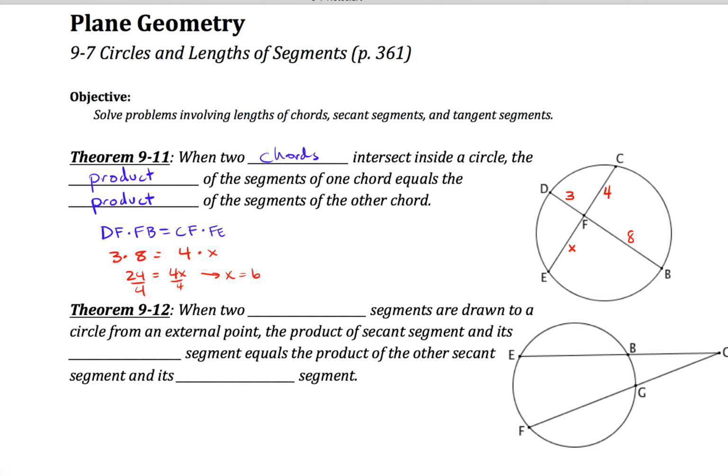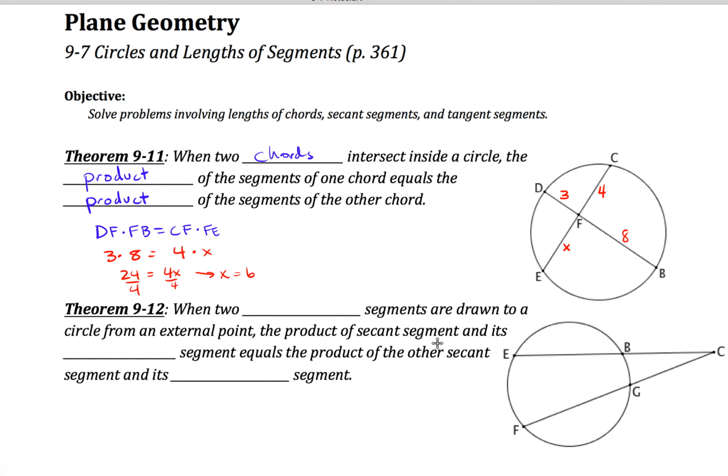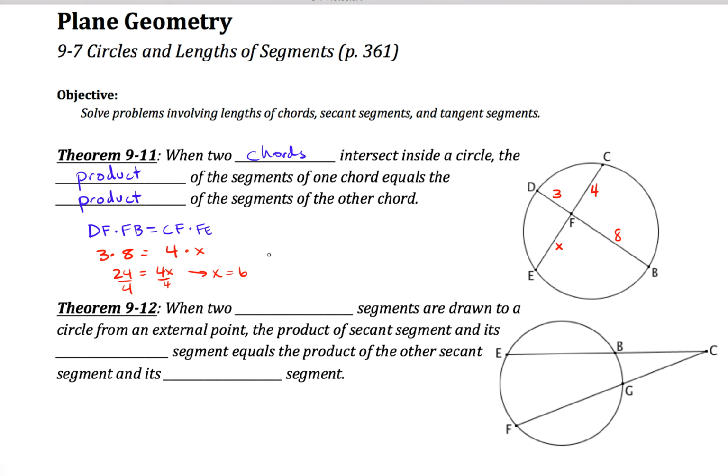Not too complicated there. In theorem 9-12, we're going to introduce this idea of secant segments. And so what theorem 9-12 says is that when two secant segments, so in other words a segment that intersects a circle in two places, like segment CE intersects this circle at B and at E, but both of those are not the endpoints of this segment.